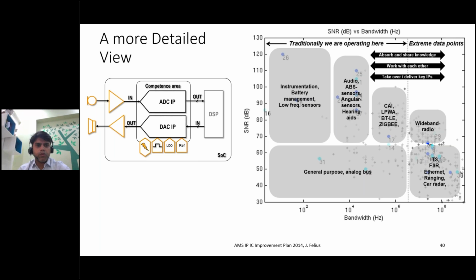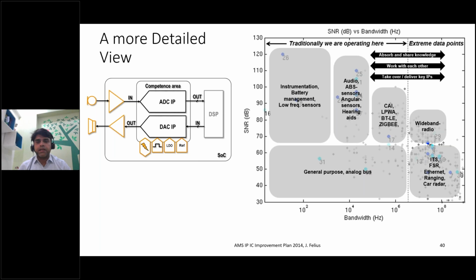Just talking about a system, it's more or less the same as what Jaideep showed at the start. Every system, including the most digital-centric systems, has something to sense. Then they do some analog processing, convert it to digital, and pass it to digital signal processing. The DSP here is digital signal processing.